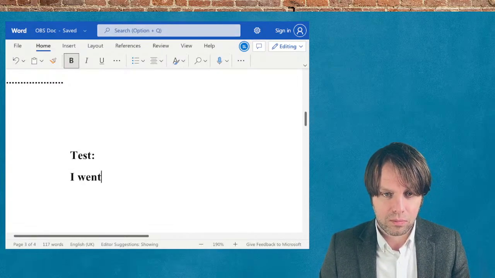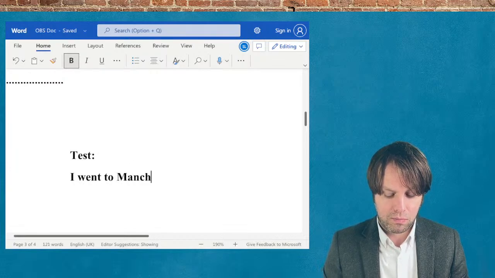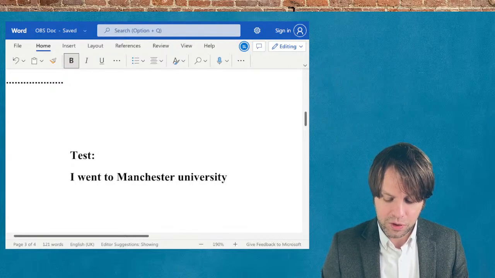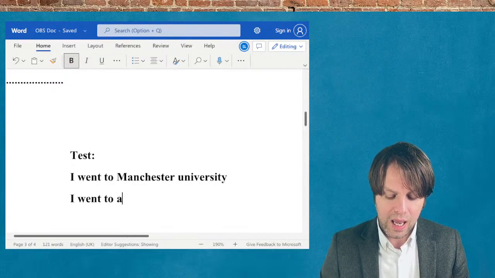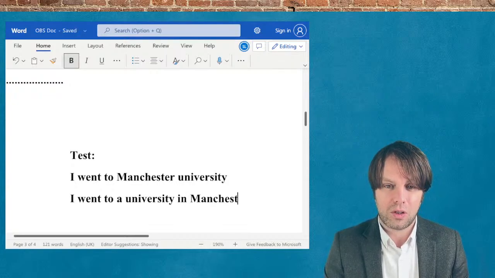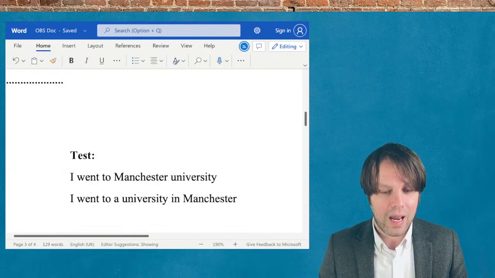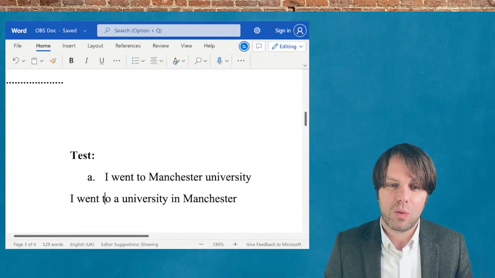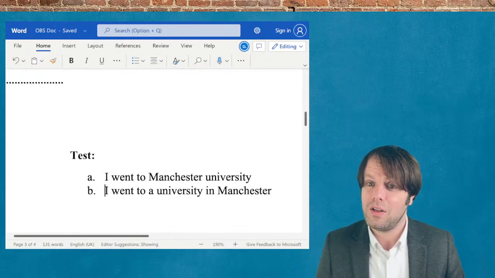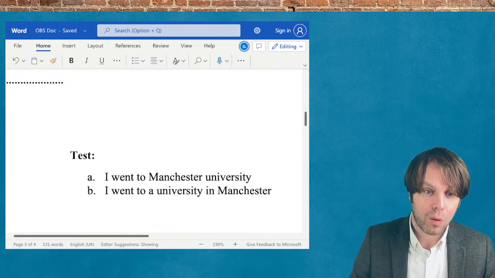Here's my test. A: I went to Manchester university. B: I went to a university in Manchester. One of these is not correct. Can anyone tell me which one is not correct? I'll wait.